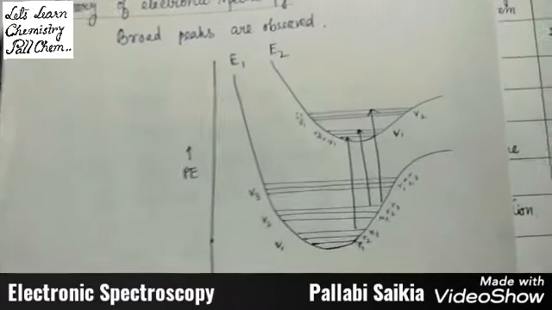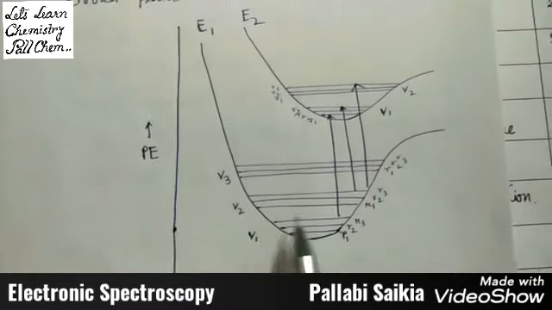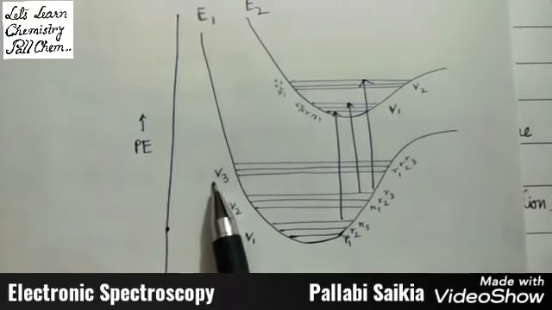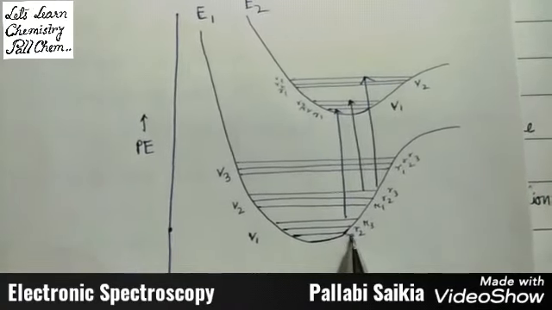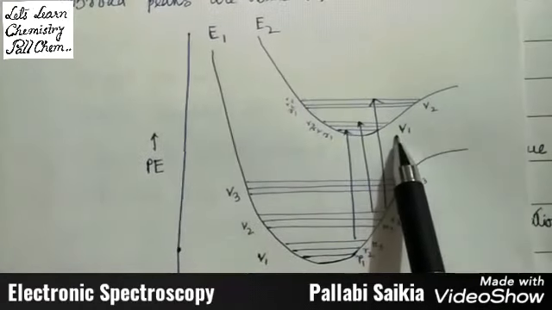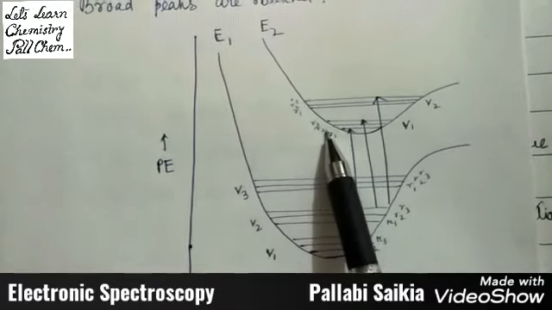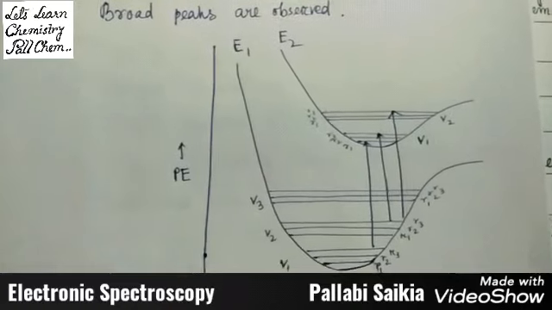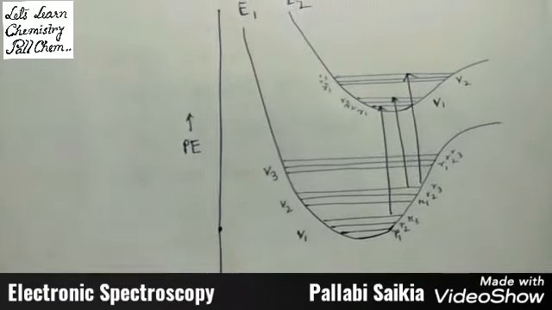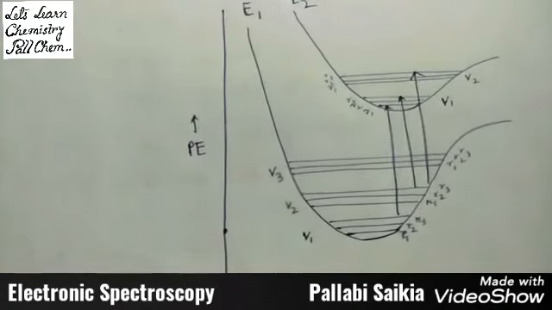Each of the electronic energy levels includes a number of vibrational energy levels V1, V2, V3 and rotational energy levels R1, R2, R3. Similarly, E2 also has vibrational and rotational energy levels. Thus there will be a large number of possible transitions, responsible for changes in rotational, vibrational and electronic levels.